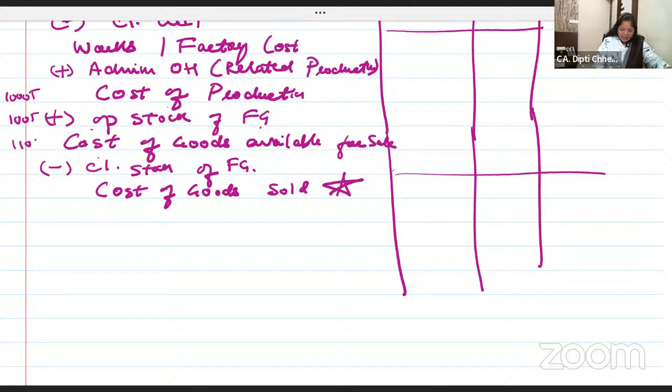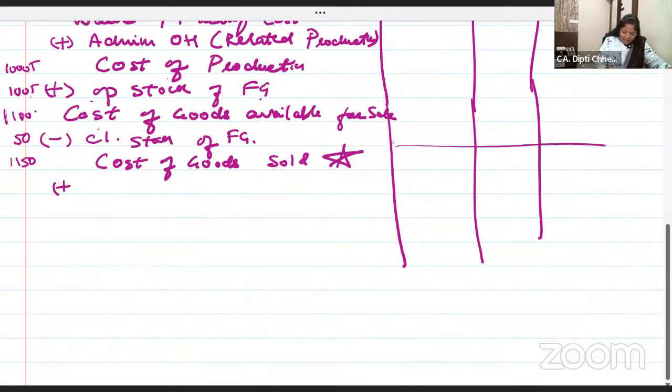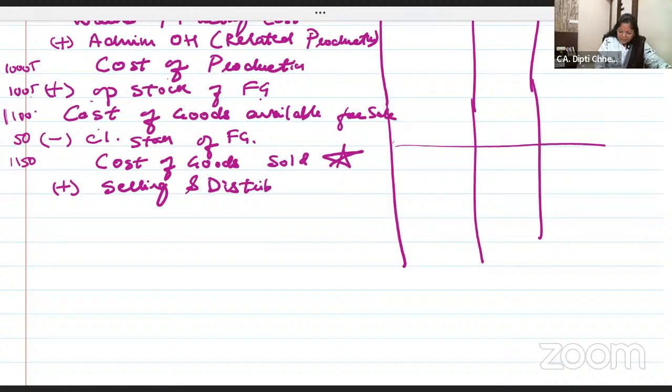Already I had 100 tons. 1,000 I produced. It became 1,100. Only 50 are there in my godown. And 1,100 I have. That means 1,150 I have sold. When I sell, at that time I incur selling and distribution expenses. Did I talk about this yesterday? Yes.